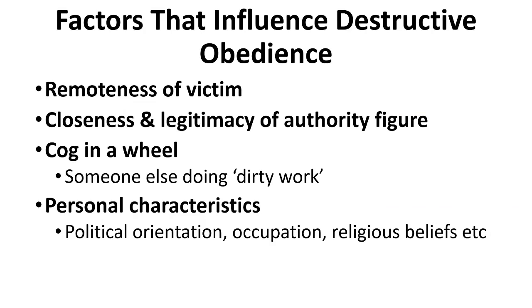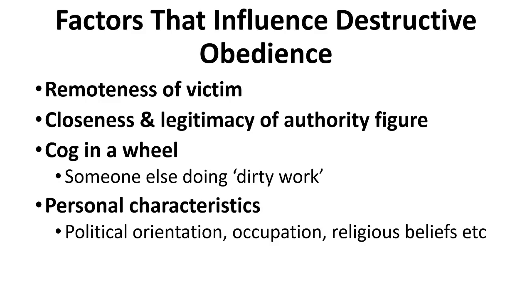Now, I mentioned that there were many different variants of this particular experiment. And they varied in such a way as to try and give the researchers an idea of which factors influenced how likely people were to obey. And some of the factors that they came up with were things like the remoteness of the victim.